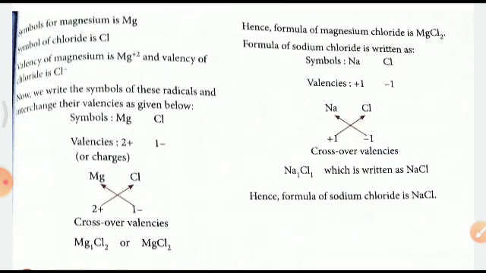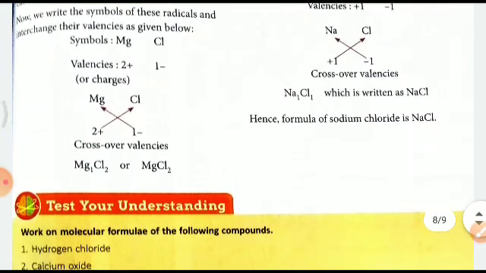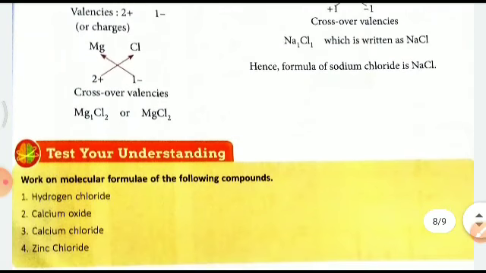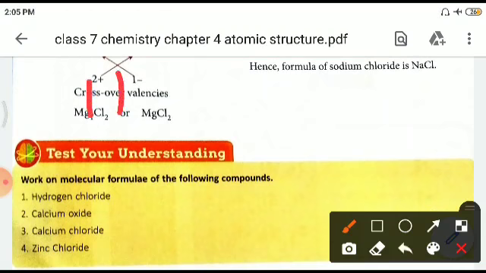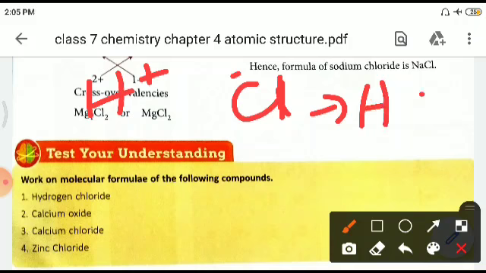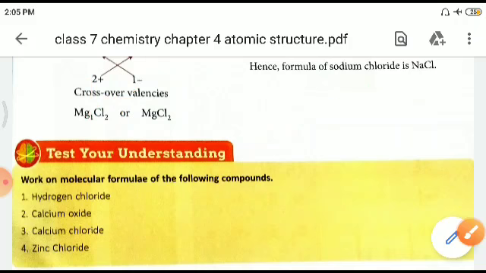And the same thing happens with Na. Now in the exercises you have to write the formula of HCl. Same thing, H is 1 plus, Cl is 1 minus. So the formula will be HCl, because only one of each is there, the charge is the same, so no need to write it, just combine them.